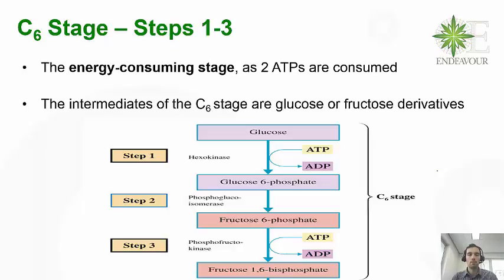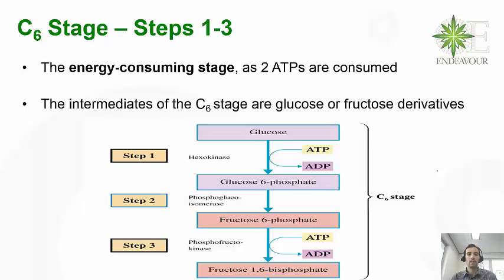So what happens in a phosphorylation reaction? In a phosphorylation reaction, we are adding phosphate onto our particular compound. For example, in the first step, we add phosphate onto the glucose to create glucose 6-phosphate. And where does the phosphate come from in these two phosphorylation reactions we see in steps 1 and 3?